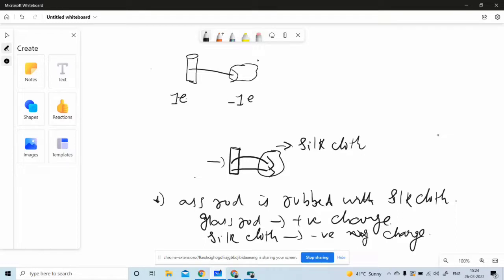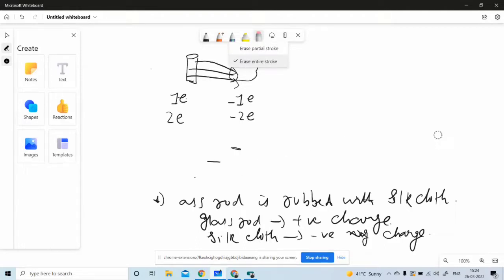Suppose 2 electrons are transferred from glass rod to silk cloth. So the glass rod will have plus 2e charge, and the silk cloth will have minus 2e charge. But it is never possible that the glass rod will lose 2.5 electrons. Is it possible? No, that is never possible. The glass rod will never be able to lose 2.5 electrons, and the silk cloth will never be able to gain 2.5 electrons.